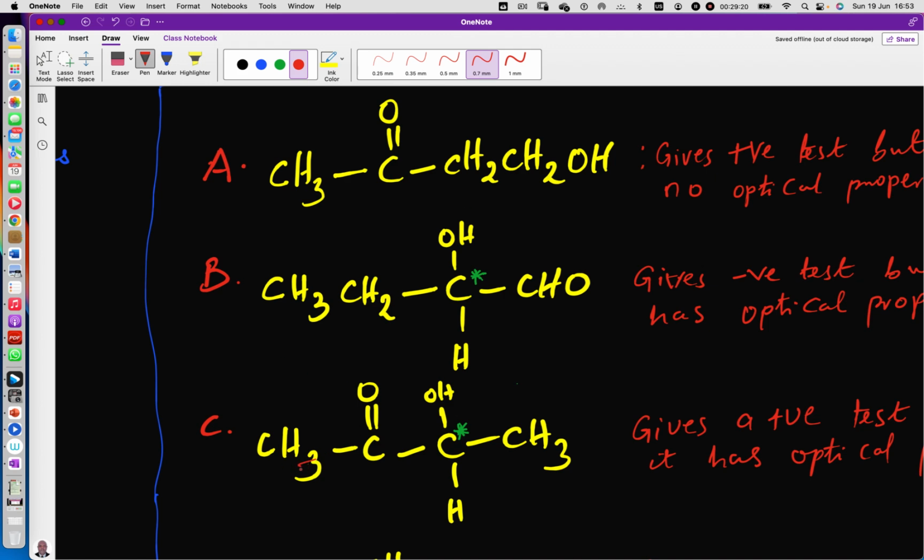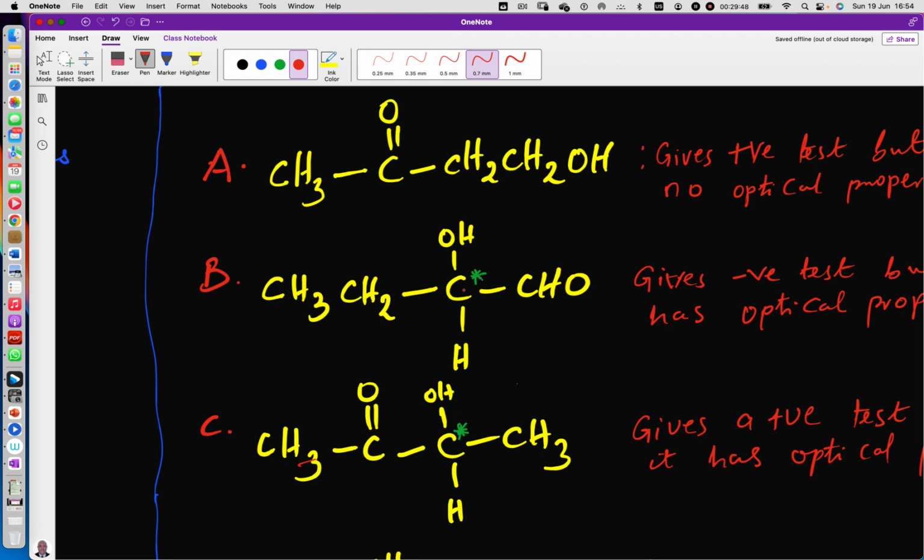C can go. C has a methyl group that is attached to a carbon atom that has a functional group. But the problem with it is that it has a chiral carbon atom. A chiral carbon atom is a carbon atom that has 4 different functional groups. I mark all the chiral carbon atoms with an asterisk.